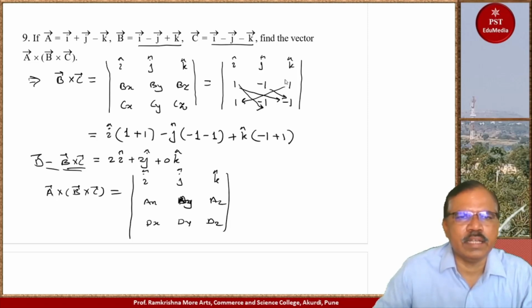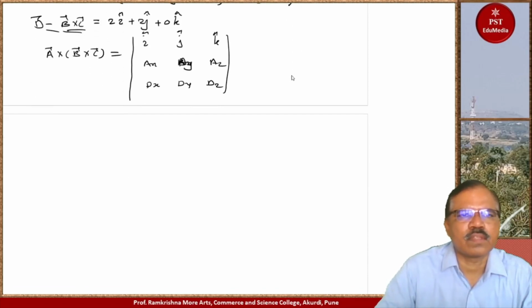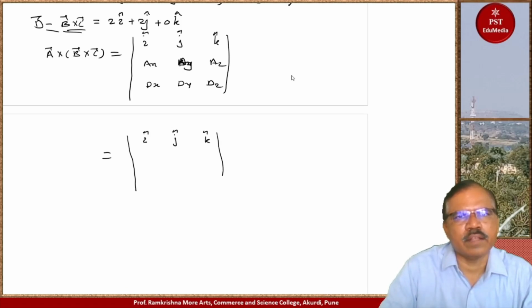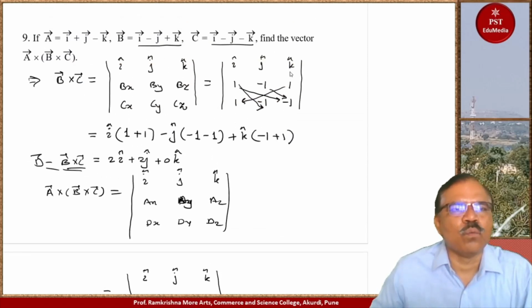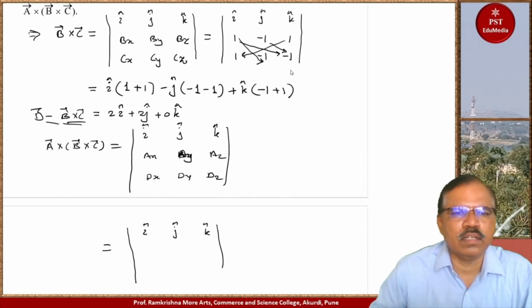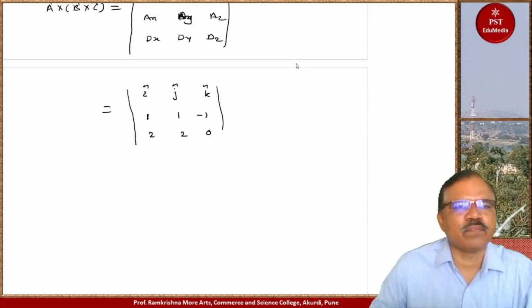So you will get here i, j, k, Ax, Ay, Az. A is i plus j minus k, so you will get here 1, 1, minus 1, and D is equal to this, 2i plus 2j plus 0k. So 2, 2, 0. Now find this.